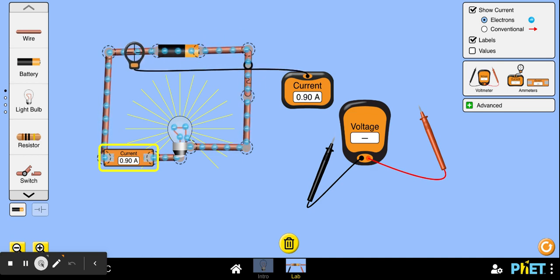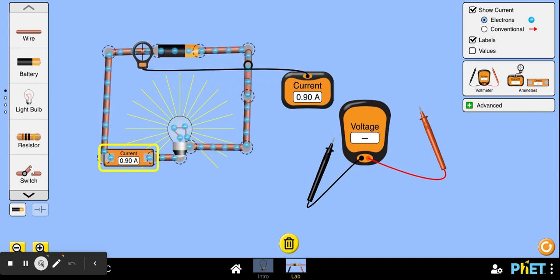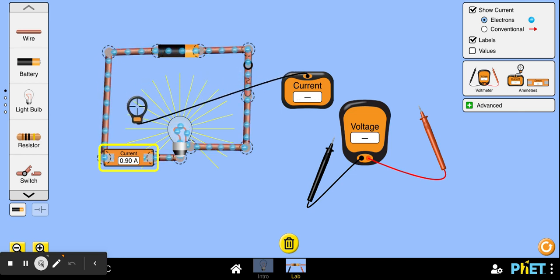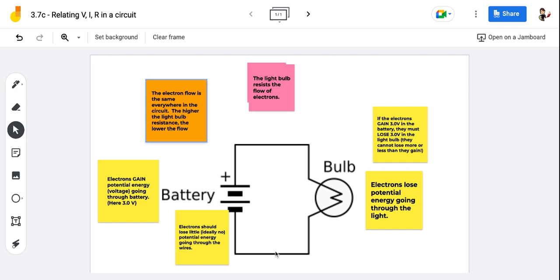And you can very quickly find the current anywhere in my circuit. And you should notice that the current's the same everywhere because this is like bumper to bumper traffic. The electrons are flowing at the same rate everywhere. And I'll come back over to my Jamboard and just highlight that as well. So the electron flow has to be the same everywhere in my circuit if there's one path.